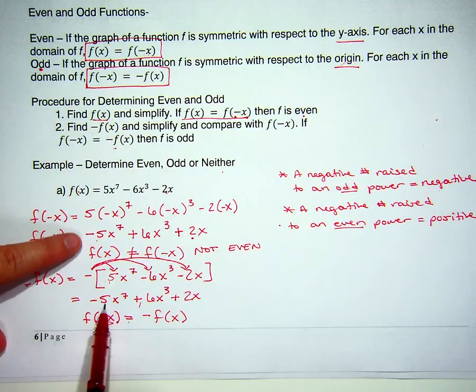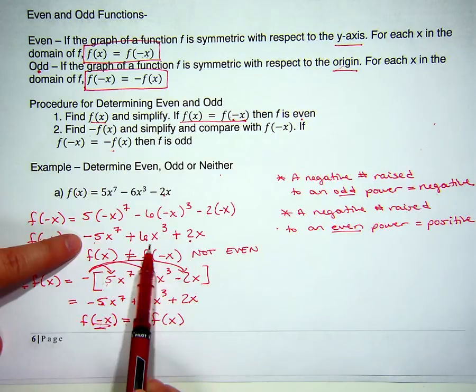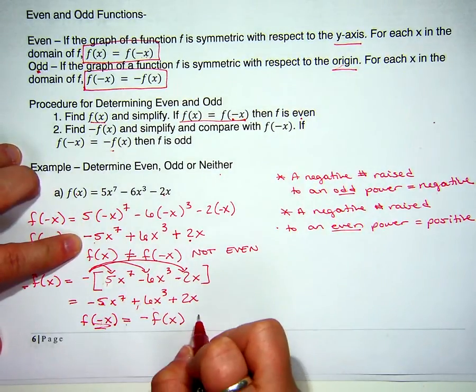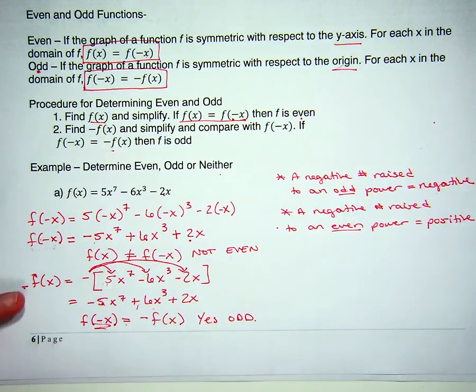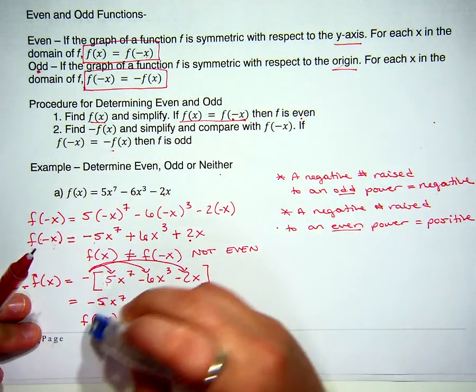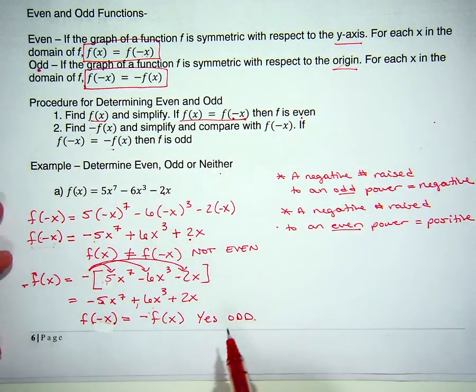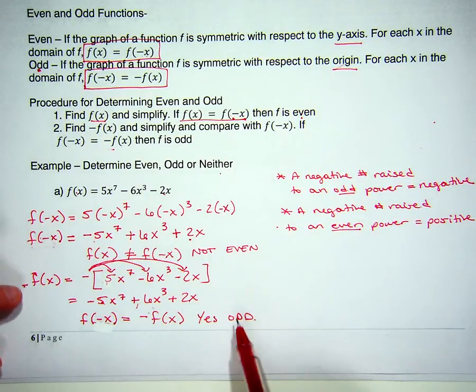Well, let's see. Negative, negative, positive, positive, positive. Oh, yes, they match. So that means that, yes, this is odd. Now, if I had said, okay, no, it's not even, and no, it's not odd, I would have then said it was neither. Now, this is how to do it algebraically.